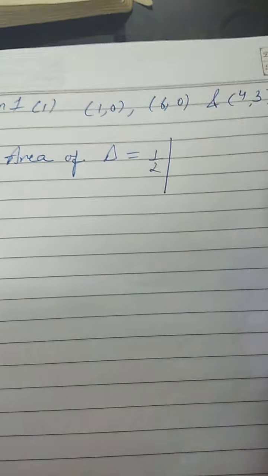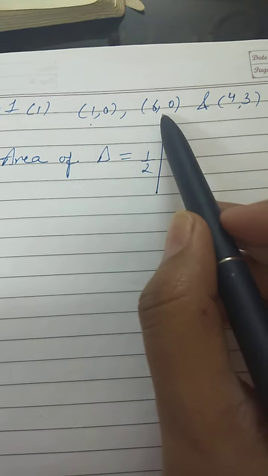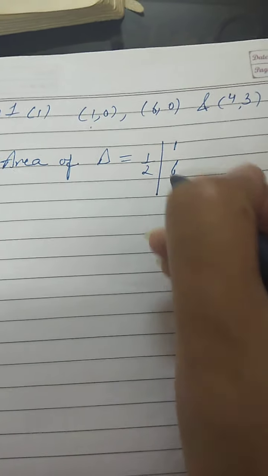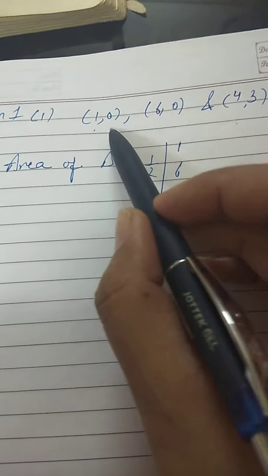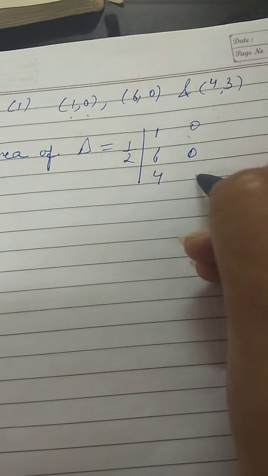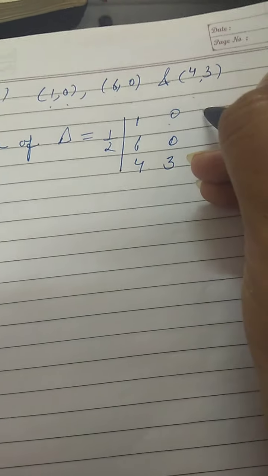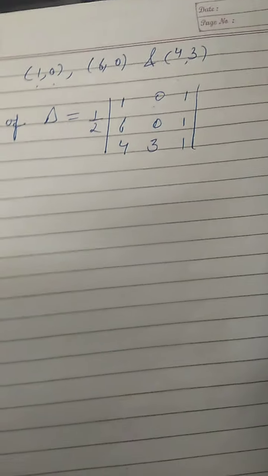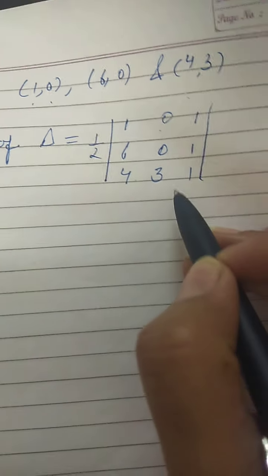And now the values of x1, x2, x3 will come in the first column, 1, 6, 4. The values of y1, y2, y3 will go to the second column, here 0, 0 and 3. And the third column we will write down as 1, 1 and 1. Right? This is how we will substitute the values.